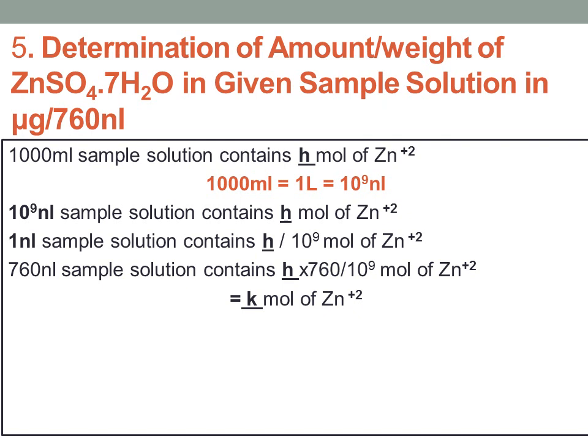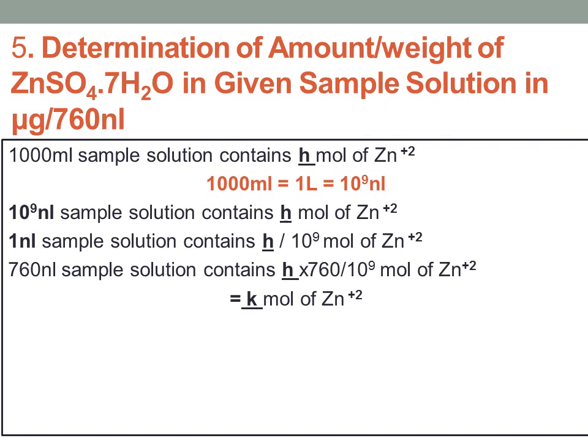So let's suppose we have provided you the zinc sulfate heptahydrate salt and you have analyzed zinc plus 2 in your sample solution. With the help of that zinc plus 2 you will find out the amount or weight of zinc sulfate heptahydrate. Let's start.